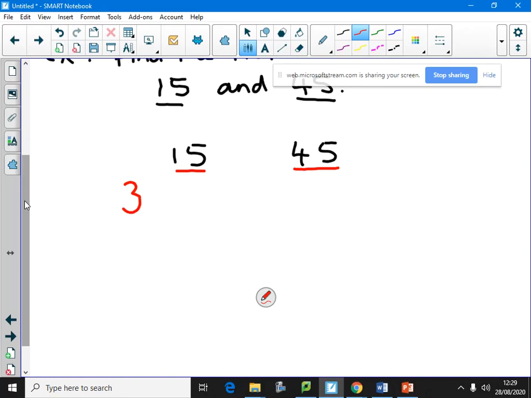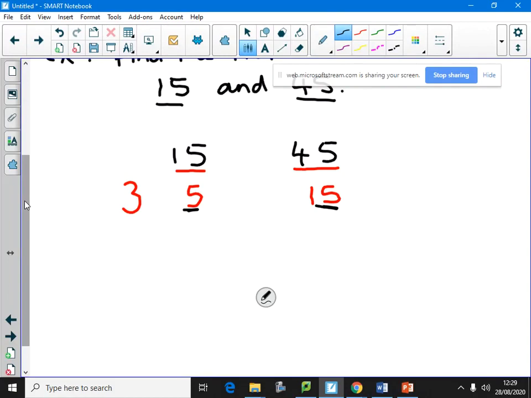So how many 3s go into 15? Well, that's 5. And how many 3s go into 45? Well, that's 15. Then I think about these new numbers. What goes into 5 and 15? 2 won't. 3 will go into 15, but not 5. 4, no. 5, yes.